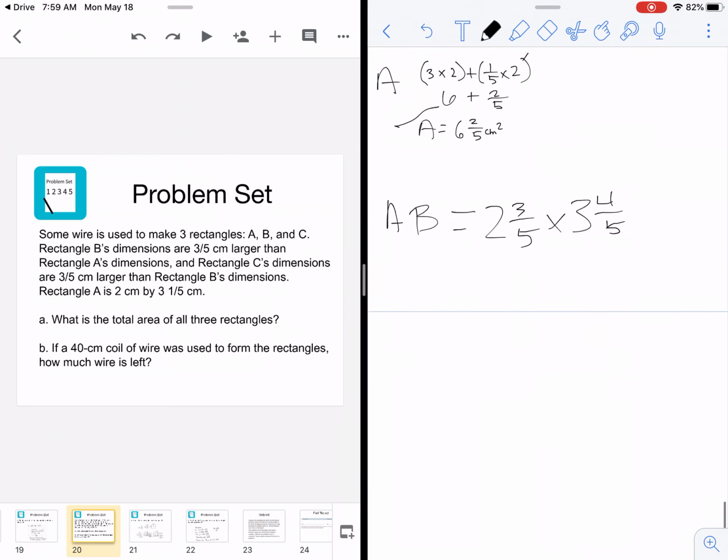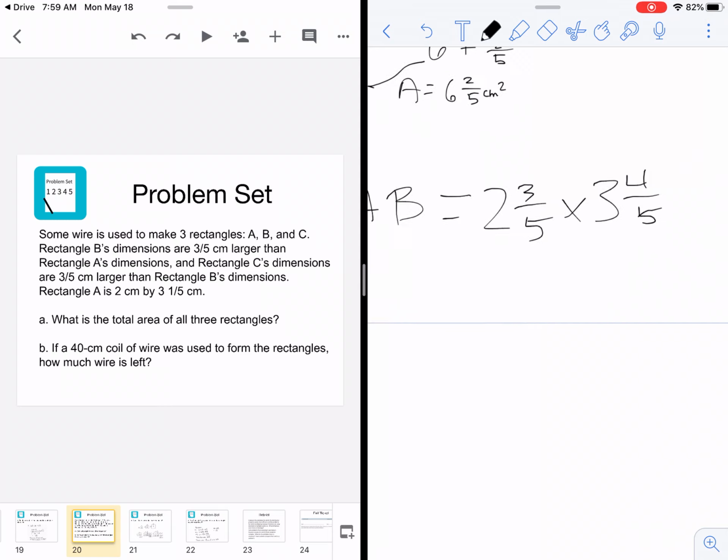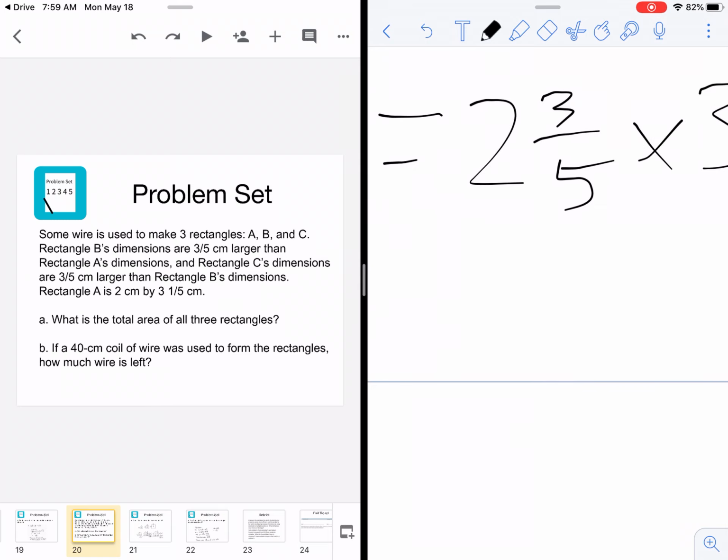So you can do the math or you can do the area model. You have to multiply 4 different things, right? We have 3 times 2 plus 4/5 times 2.